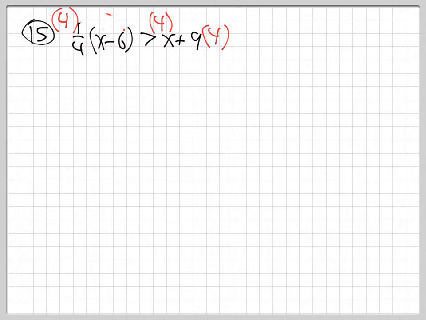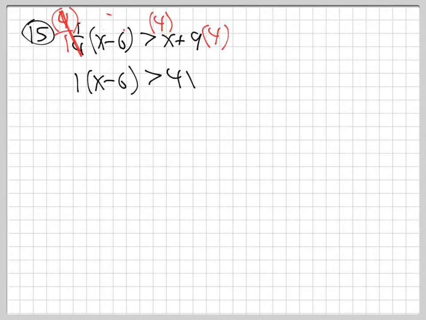Is that good? So whenever we have a fraction, you multiply all the terms by the denominator, and then what happens from there? 4 over 1, cross cancel, huh? That's why we're doing it, right? Because we want to get rid of fractions. And that'll cancel out that fraction, won't it? And so that brings down just the 1.